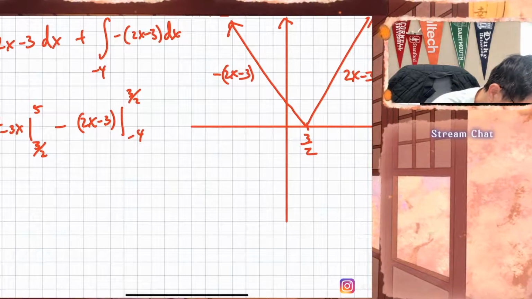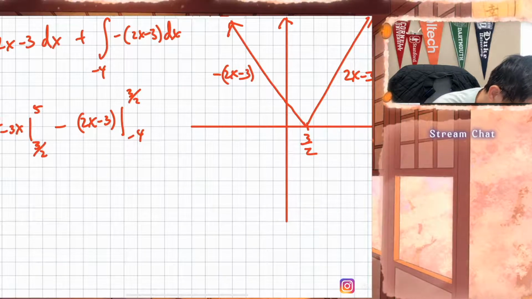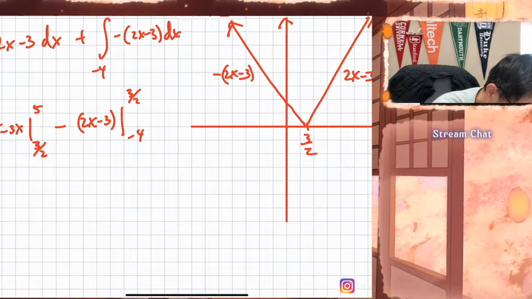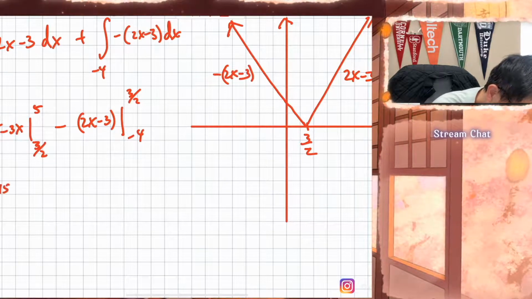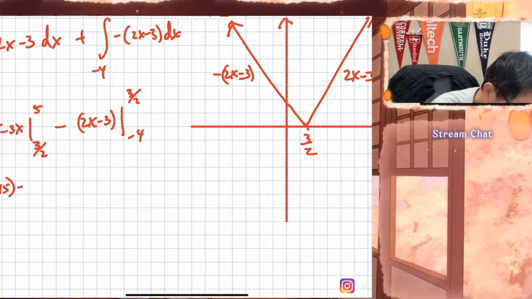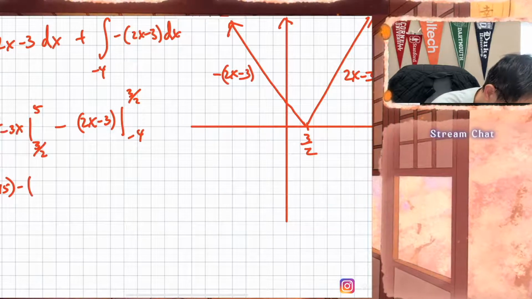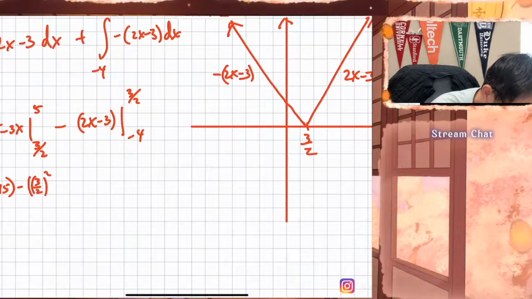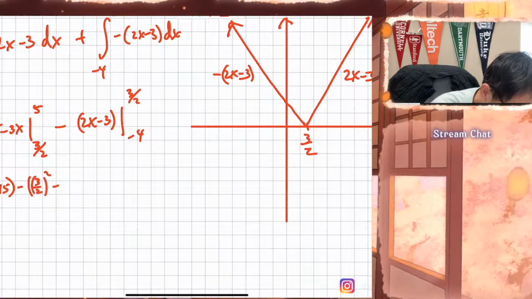So it's kind of a lot of work. It'll be 25 minus 5 times 3, which is 15, minus 3/2 squared minus 3 times 3/2.